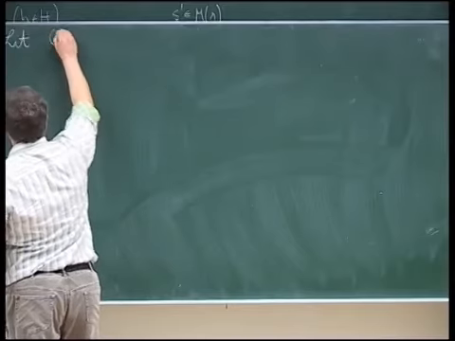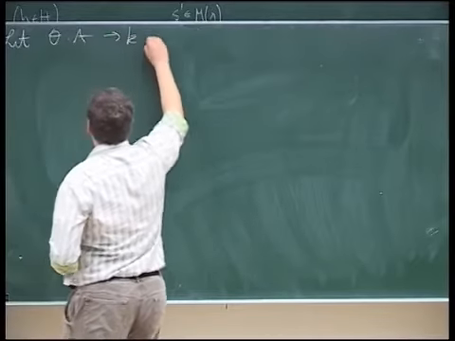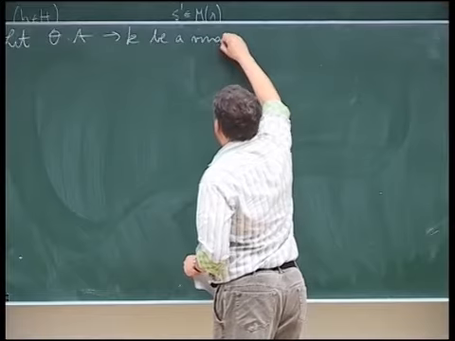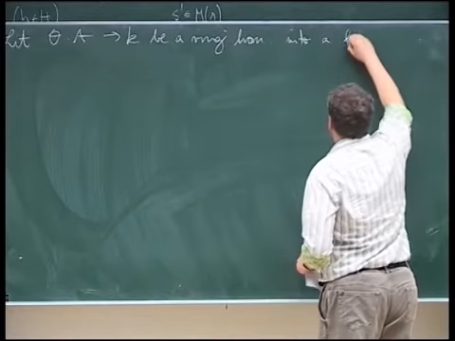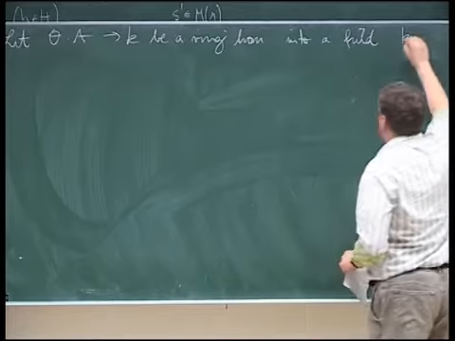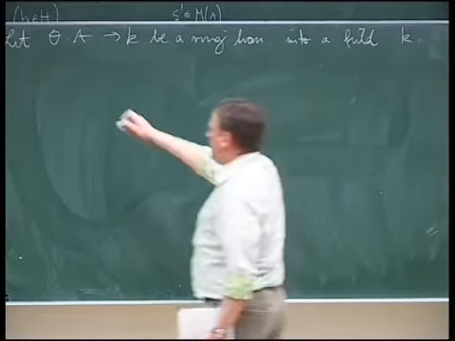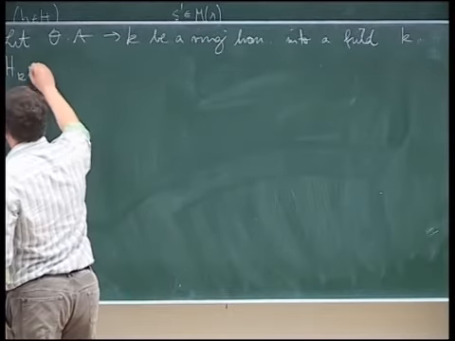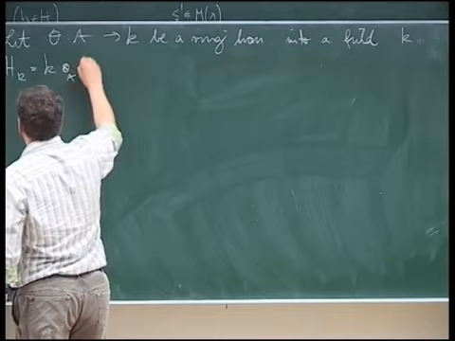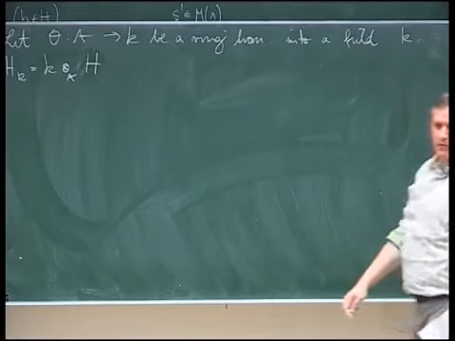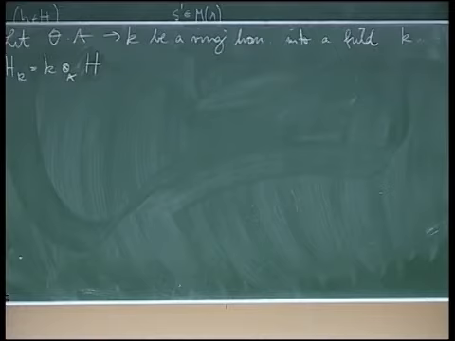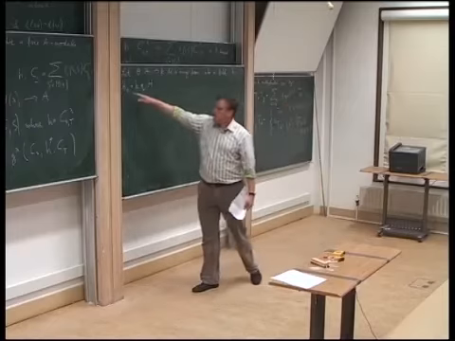Let theta be a ring homomorphism into a field K. Then we get H K, an associative algebra over a field. And since all these other ingredients are defined over A, by extension of scalars, they pass on to this algebra here.